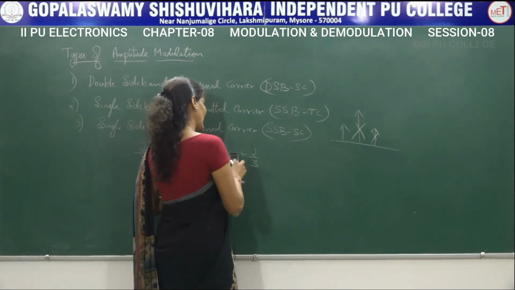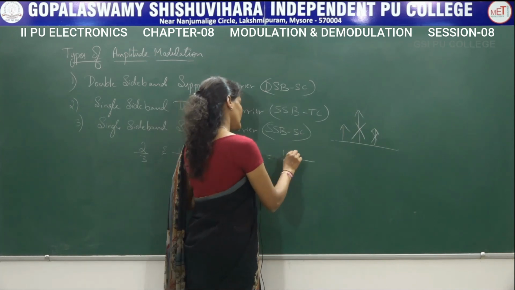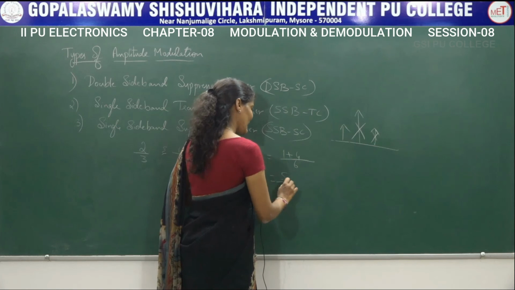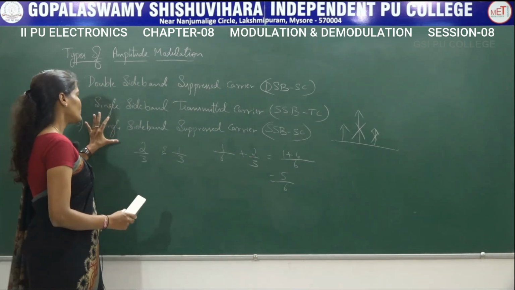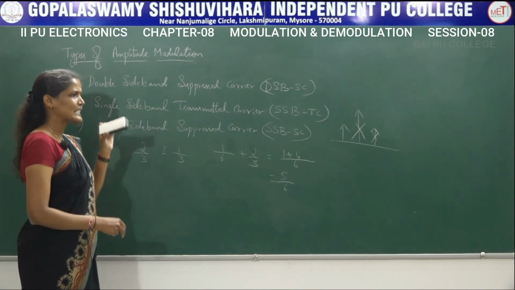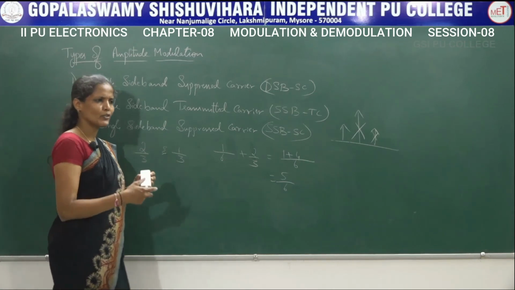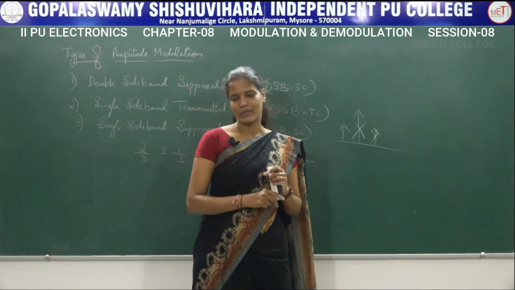If I add these, taking LCM 6, I will be getting 1 plus 3 2s are 2, 2 2s are 4, so 5/6 of the total power will be saved by using this single sideband suppressed carrier. So in this last method, a major amount of total power will be saved compared to the other two types of amplitude modulation process.